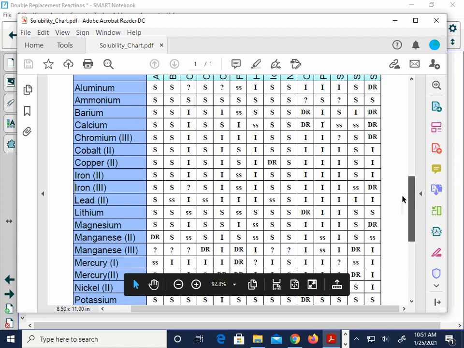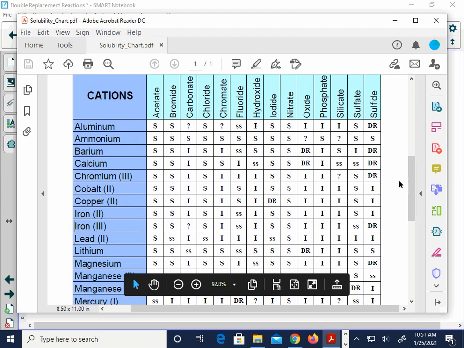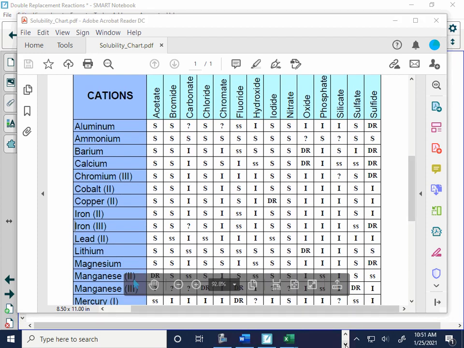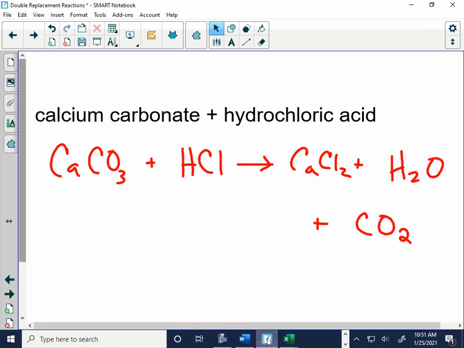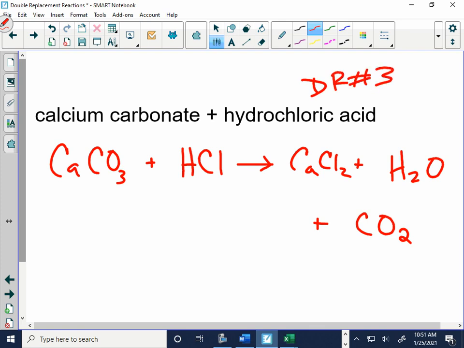It's not even on there, is it? So when I'm dealing with these acids, I don't need to worry about the solubility chart. The only time I worry about the solubility chart is when I have a double replacement number 1. What did we say this was? A double replacement number 3, right?